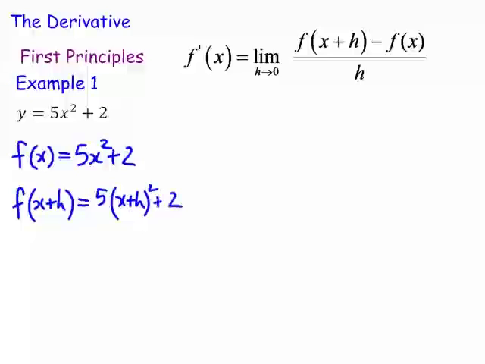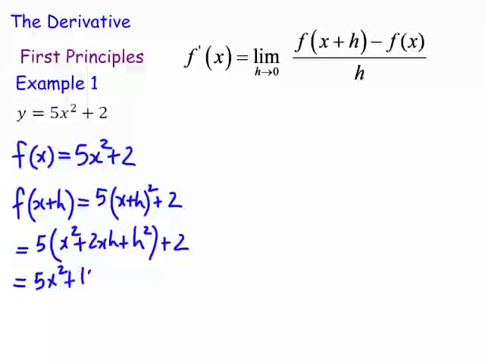Now, we normally work this out. This would be equal to 5 lots of x squared plus 2xh plus h squared, plus a 2 on the end. So that's going to be equal to 5x squared plus 10xh plus 5h squared plus just 2 on the end.